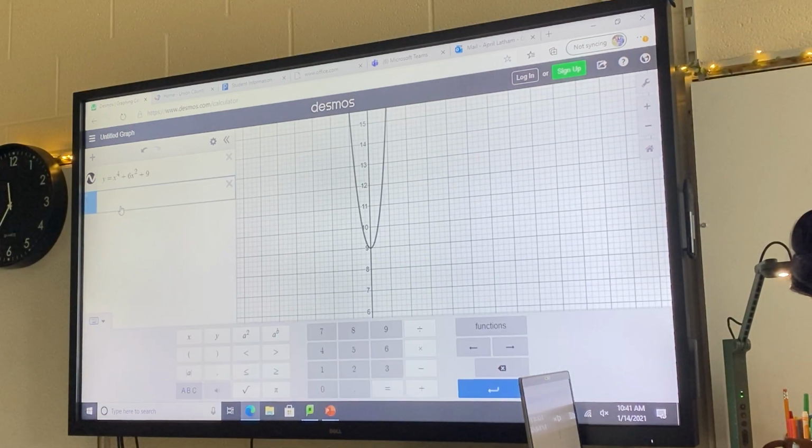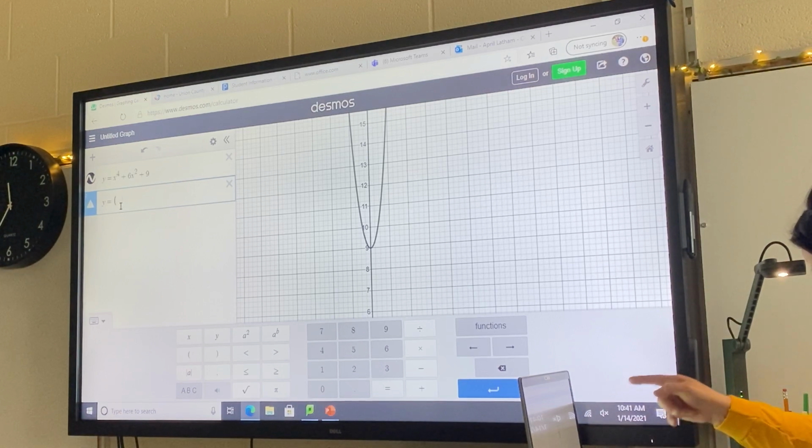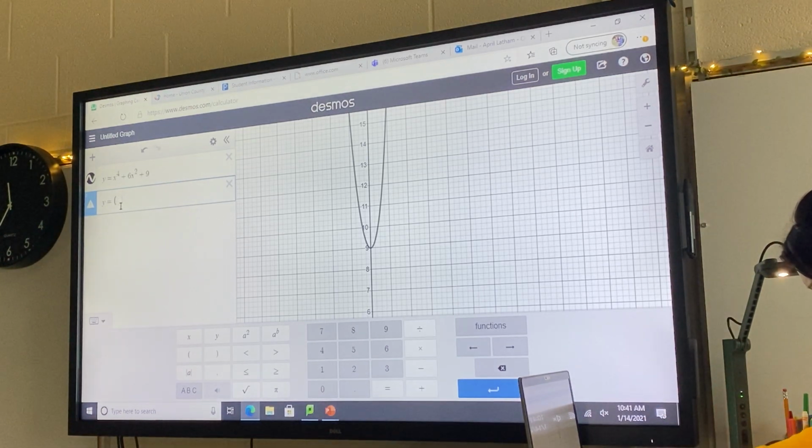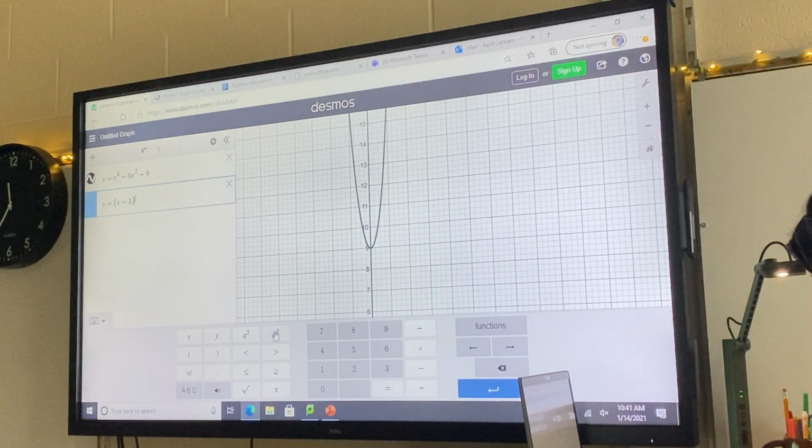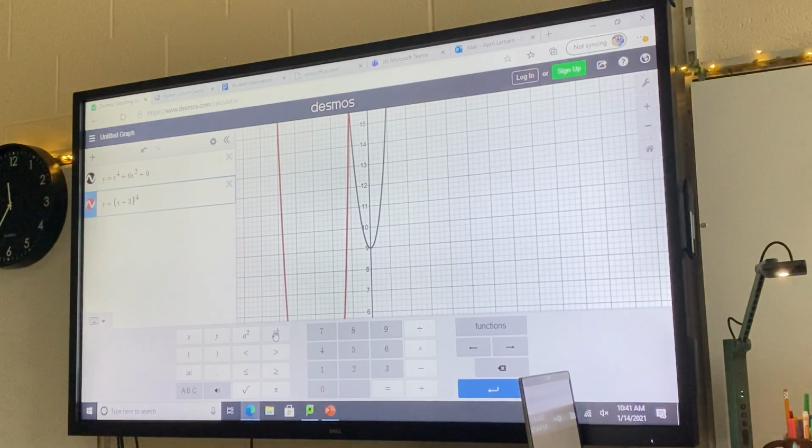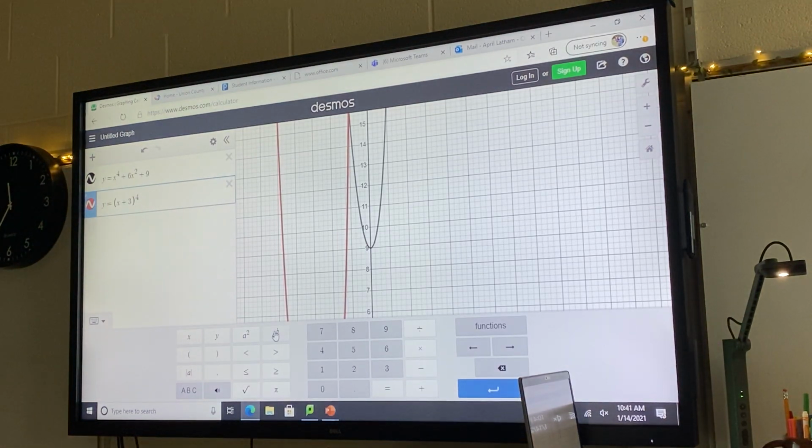All right, so if I thought B was the answer, I'll put y equals, and then you put what they have for B. So x plus 3 to the, so I'm gonna hit that button, raised to the fourth. Is that the right answer? No, because it isn't on top of each other.